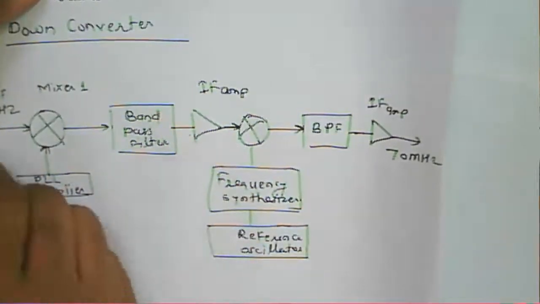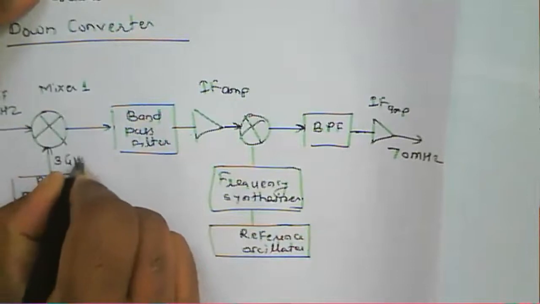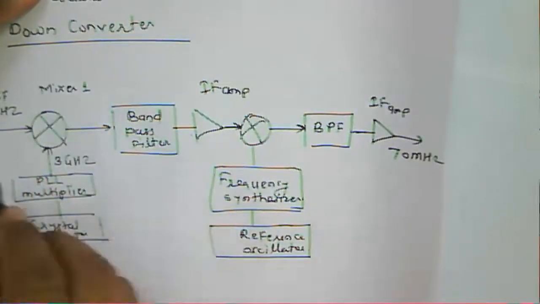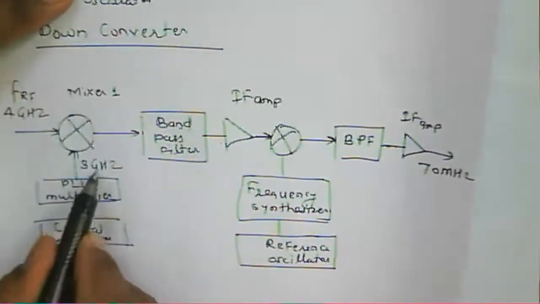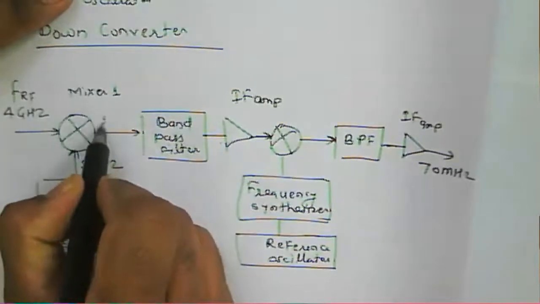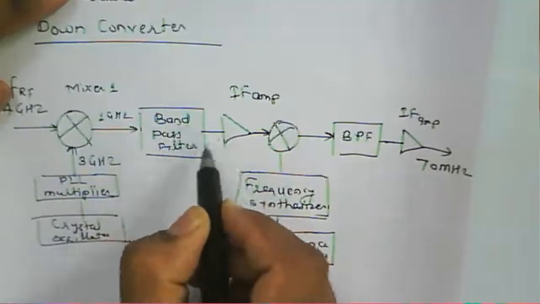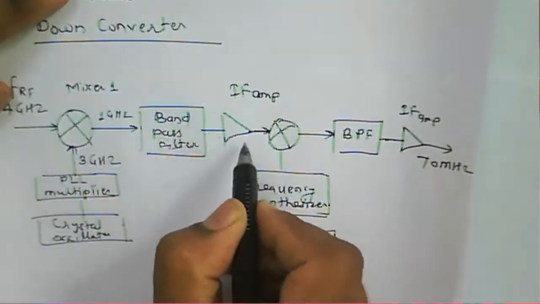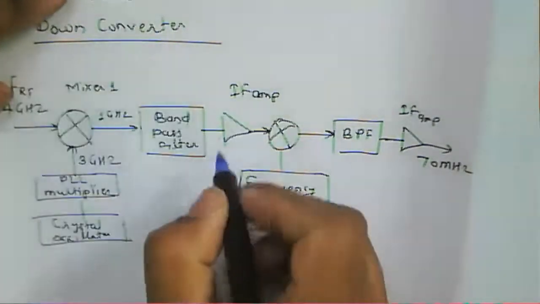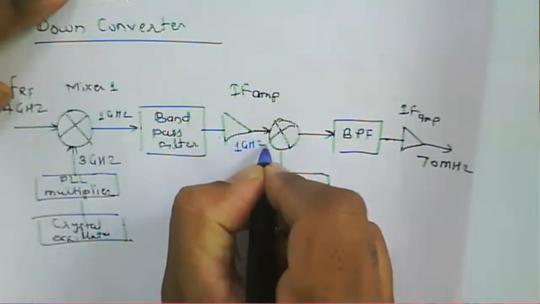So now if you see, this is about 3 gigahertz. Okay, so that means the sum and difference components. Here the output will be 1 gigahertz, and that 1 gigahertz signal is passed on.